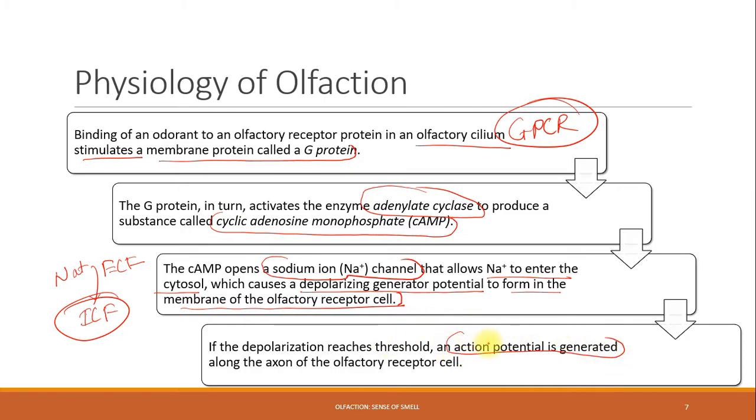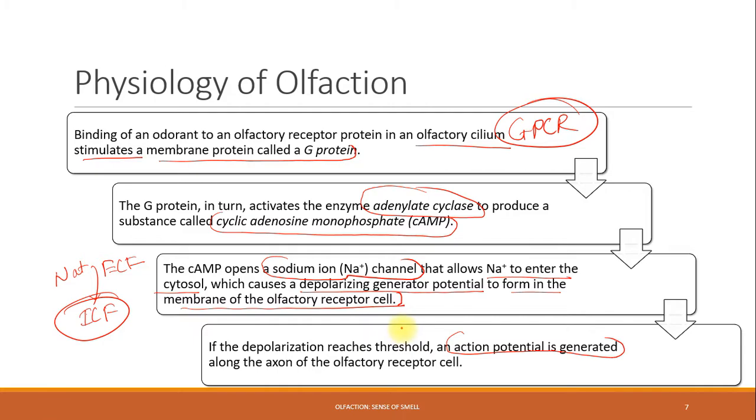So for an action potential to generate, what is essential is that a sufficient number of sodium ions must move inside the olfactory receptor cell. If a sufficient number of sodium ions don't move inside, then there will be no generation of action potential.